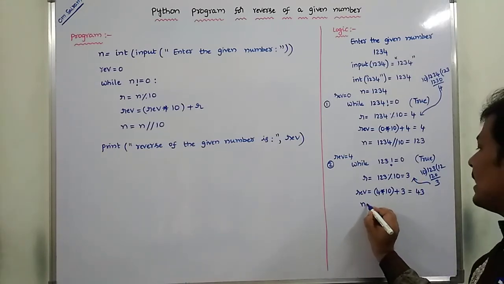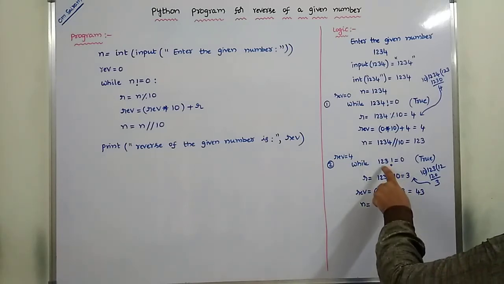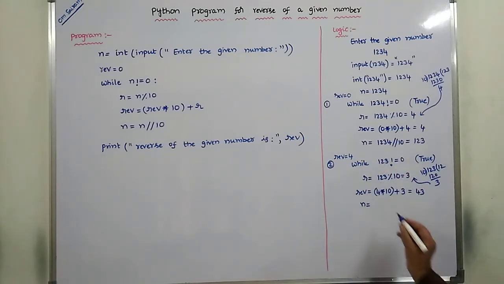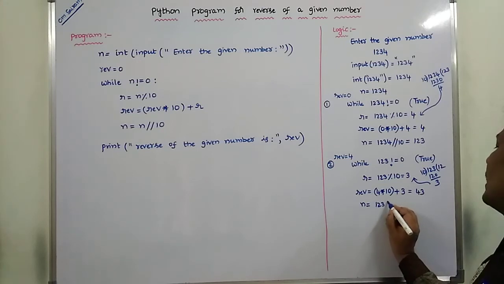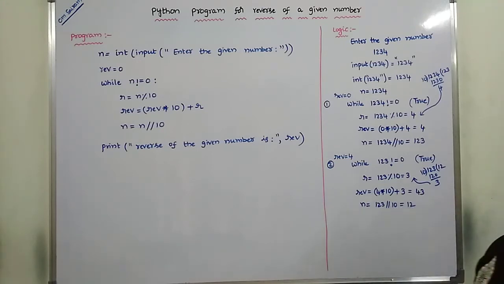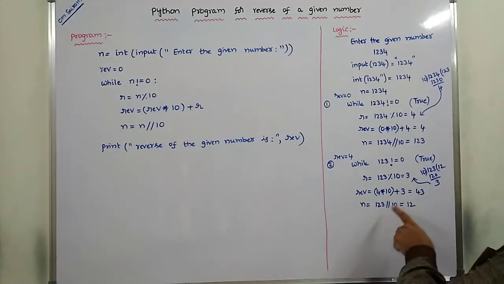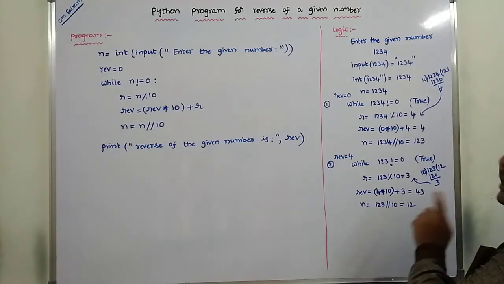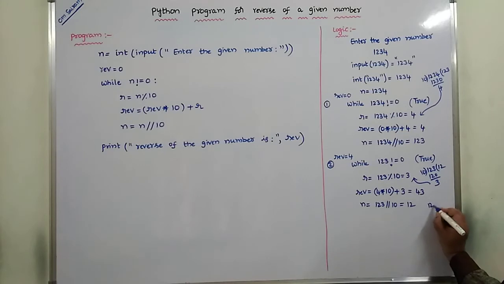Next, N is equal to N by 10. Here N value is 123. 123 divided by 10, we get 12. The remainder we are not taking; only the quotient value we take. 10 twelves are 120, the remainder is 3, and we take that 12.